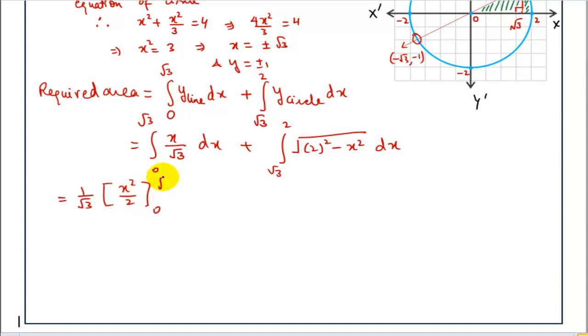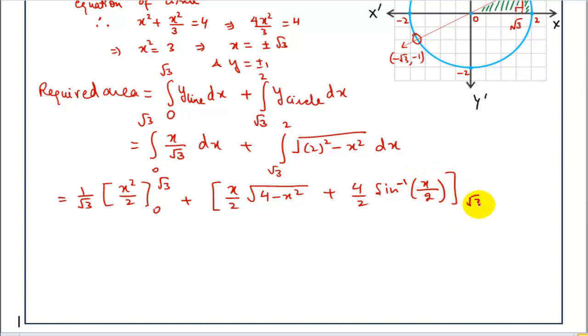In the next step we will be applying the limits. In the later part again you can use the formula for integral of square root of a square minus x square. So it reduces to x by 2 square root of a square minus x square plus a square by 2 sine inverse x over a, where a over here is 2, within the limit square root of 3 to 2.